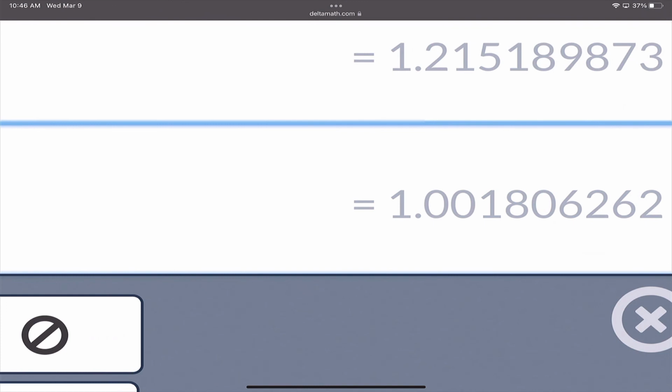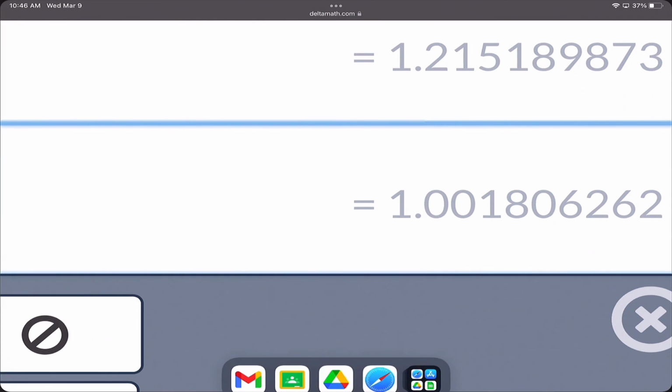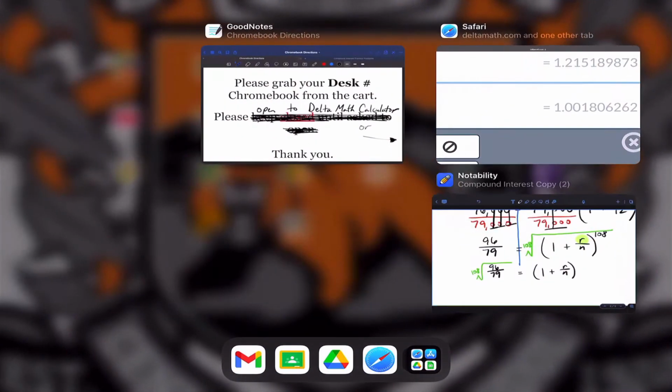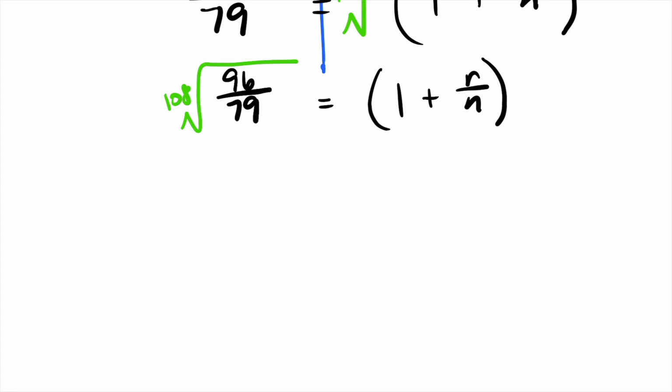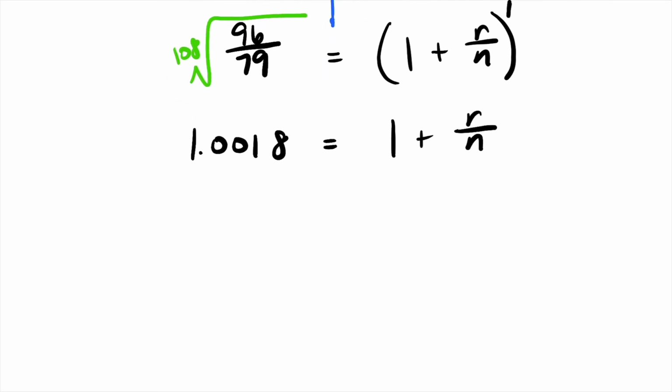So 1.0018. Okay. Now that I have a power of 1 up here, I don't need the parentheses anymore. That's what I wanted, right?